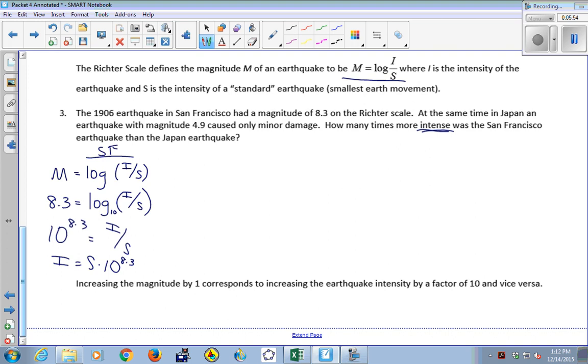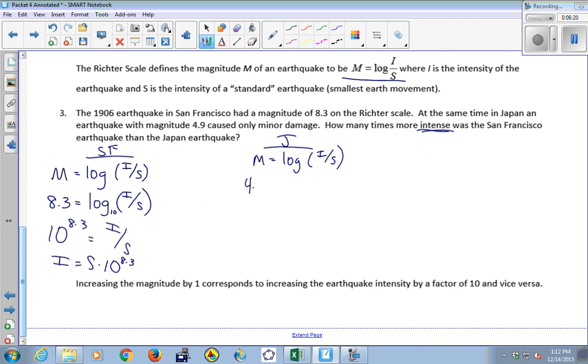So you see the 8.3, that magnitude, it's actually a power of 10, right? That is measuring the intensity of the earthquake. 10 to the 8.3. All right, let's do a similar analysis for the Japan earthquake. So magnitude is the log of I over S, and I want to figure out the intensity of the earthquake in Japan.